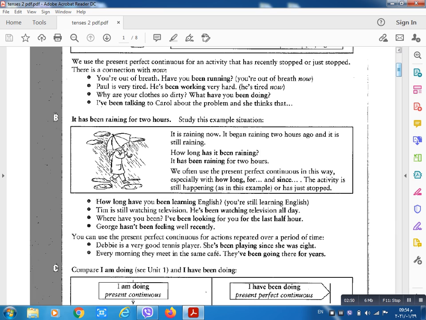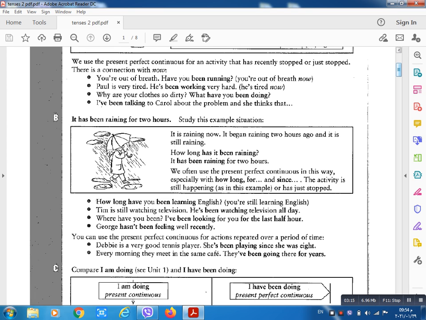Someone has been doing this activity. We will see in the next unit that the writer of the book devotes this unit to comparing present perfect simple and present perfect continuous, and we will see this later.